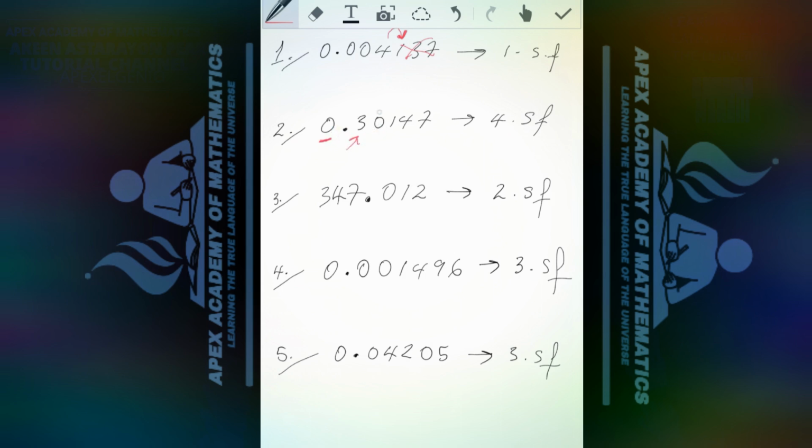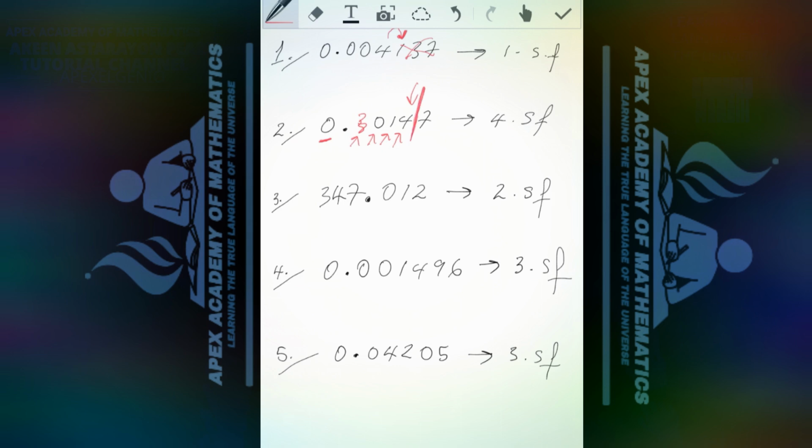Now, since this 0 appears after the 3, this 0 is of course significant. Let me just rewrite my 3 here. So this is my first significant figure, my second, third, and my fourth. This is my required significant figure right here, so I need to draw a line right after the 4.